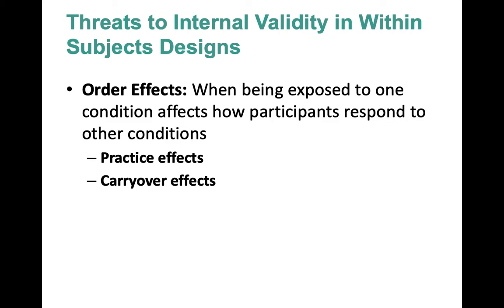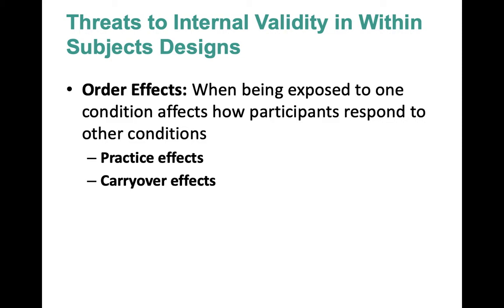Another type of order effect is a carryover effect. And so this occurs when there's contamination carrying over from one condition to the next. And so this is very common in studies that look at the effects of different substances. So let's just take caffeine for an example if we want to look at the effect of caffeine.